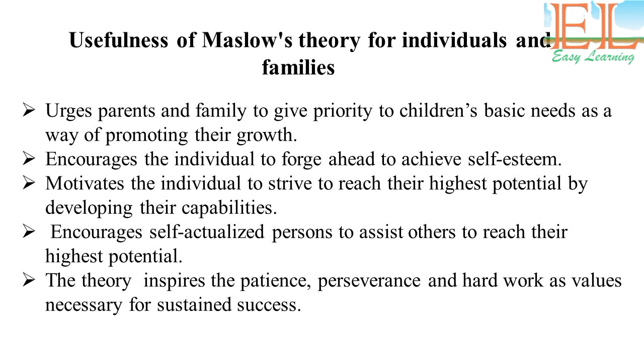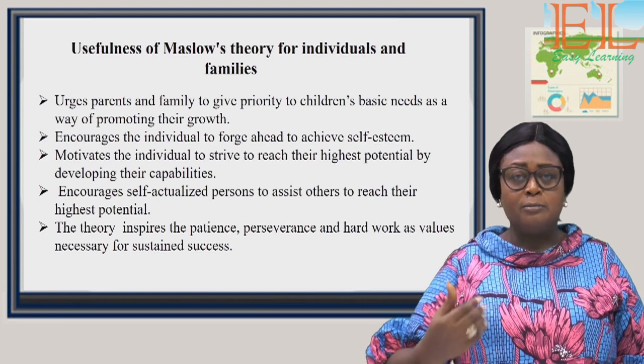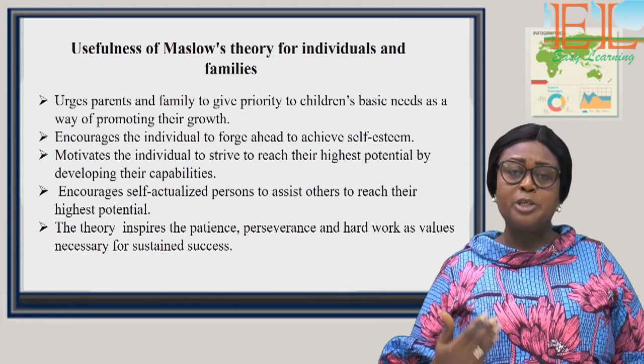This theory is also useful to the extent that it helps parents to provide love and affection to their children and their elderly parents. When we talk about love and affection, it also helps couples to give love and affection to each other.